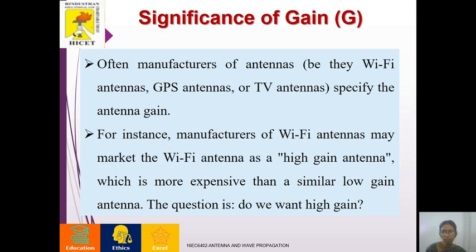Knowing that the gain and directivity are the same kind of parameter description, we have to understand the significance of the gain. Often the manufacturers of the antenna specify the antenna gain, whether it be a Wi-Fi antenna or GPS antenna or TV antennas. For instance, the manufacturers of a Wi-Fi antenna may market it as a high gain antenna, which is more expensive than a similar low gain antenna.